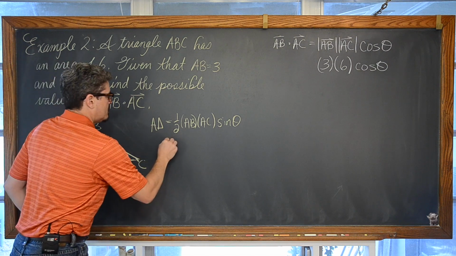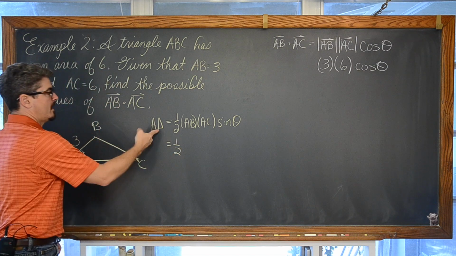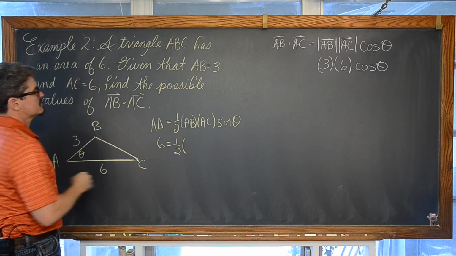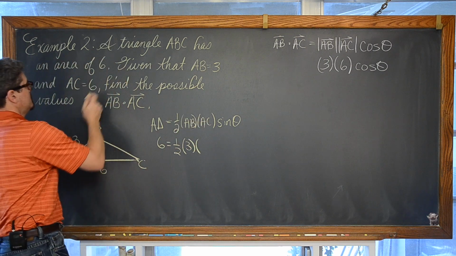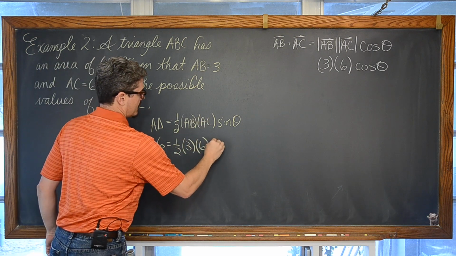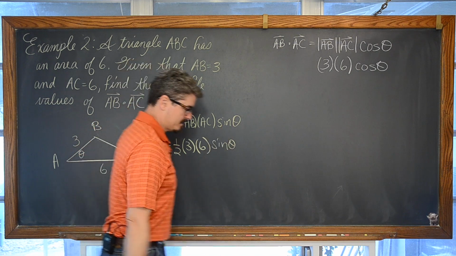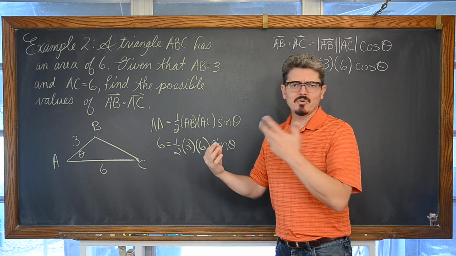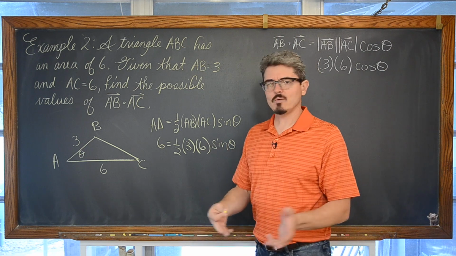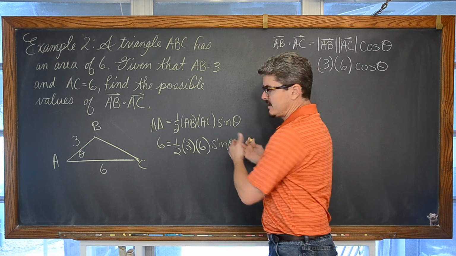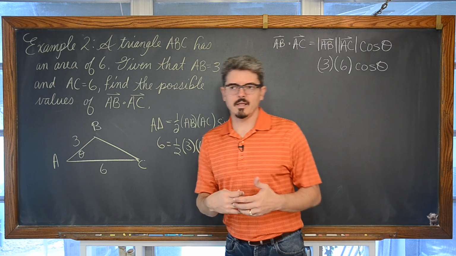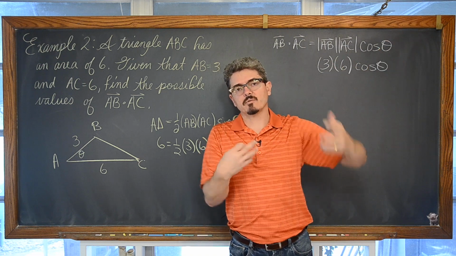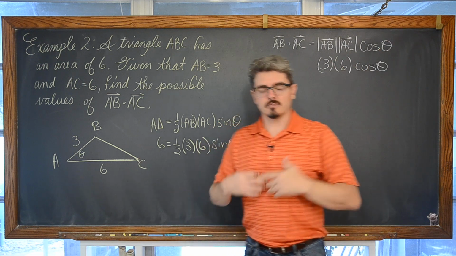So we have 1/2, our area is equal to 6, AB is a length of 3, AC is a length of 6, and we have the sine of theta. So the only unknown is the sine of theta. If I can find out what the sine of theta is, I can remember what we did so many times in trigonometry where you were given some kind of trig ratio, and if we just assume it's in quadrant 1, then we can set up a little right triangle and find all the other 5 trig functions.